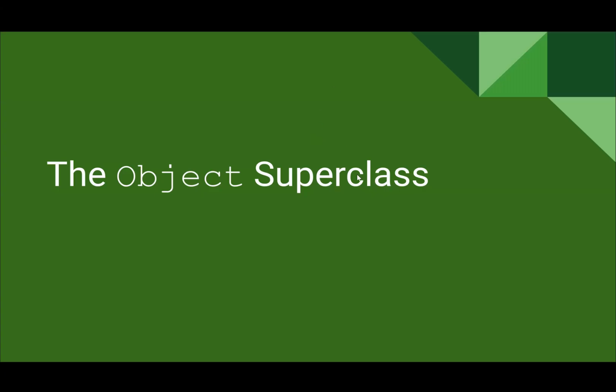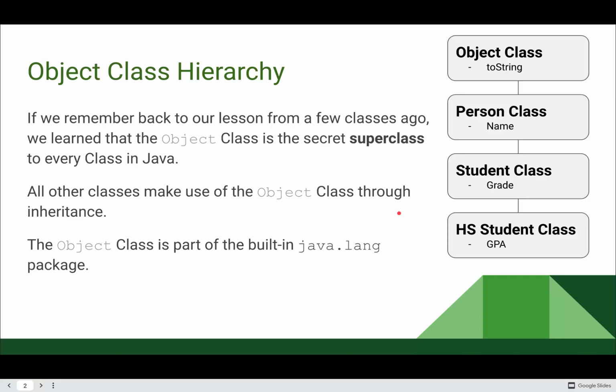All right, folks, today we are talking about the object superclass. If you remember back to a few lessons ago, we discussed how the object class is secretly the superclass for absolutely every single class in Java.